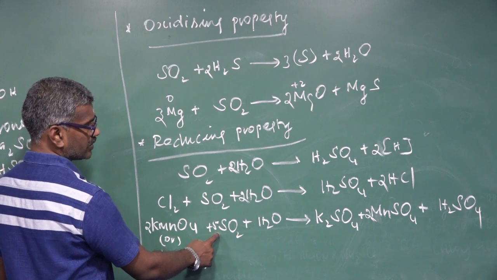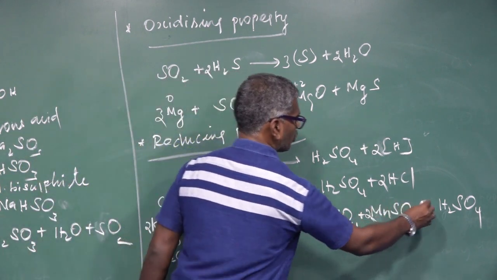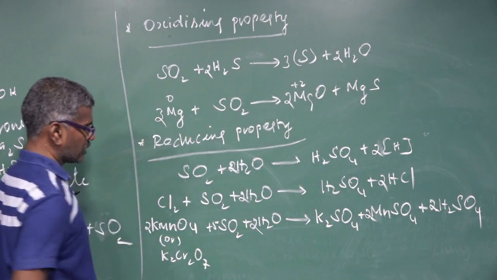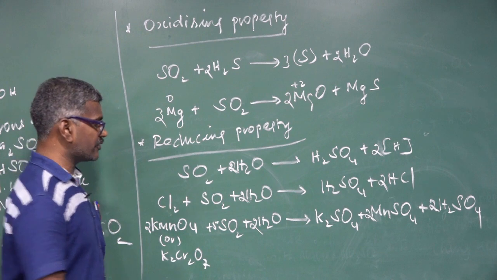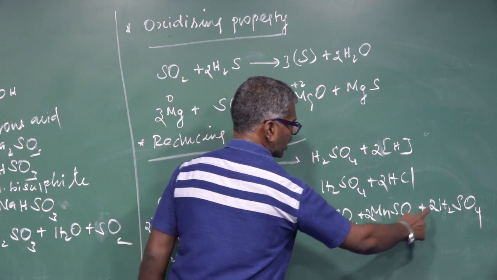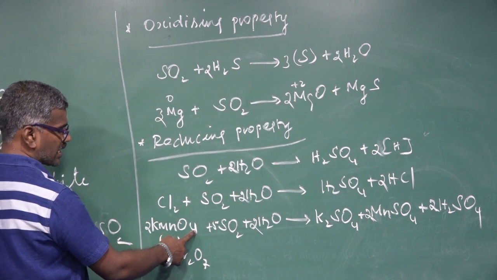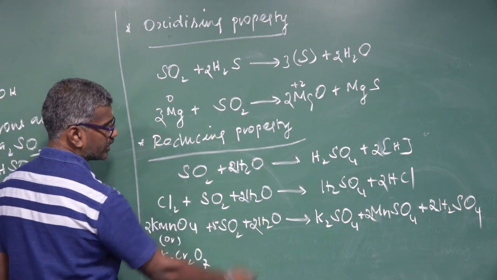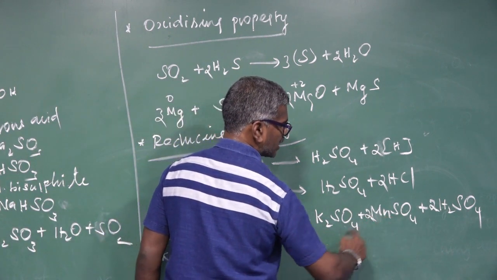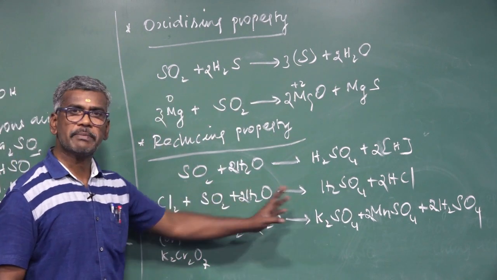Here 5 sulfur, here 2 sulfur, 3, 4. Here 2 times. How many sulfur? 5 sulfur. Here 1, here 2, 3, so 5 sulfur. Oxygen, how many? Here 8 oxygen, 10 oxygen, 18, 20. Here 4 oxygen, here 8 is 12, 12 plus 8, 20. So the equation is balanced.